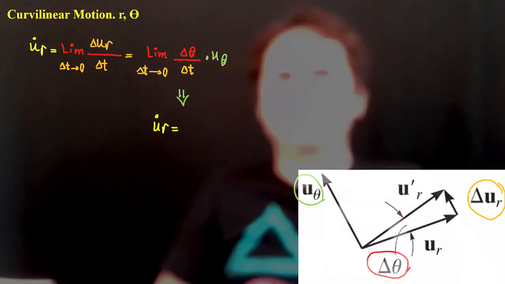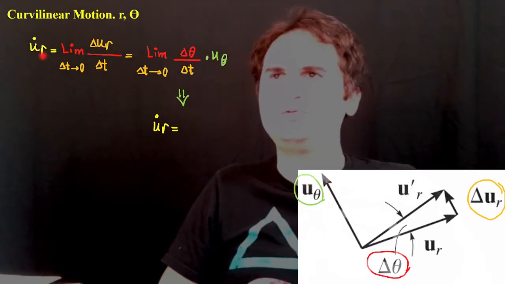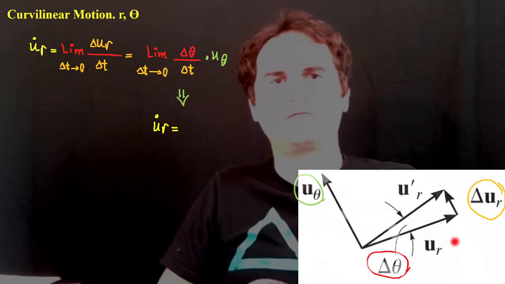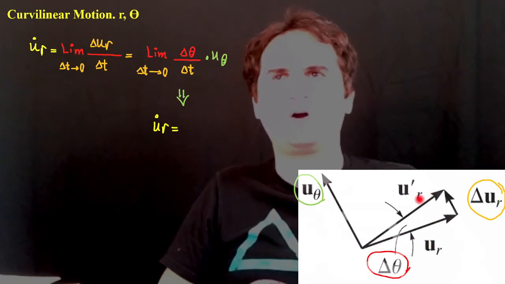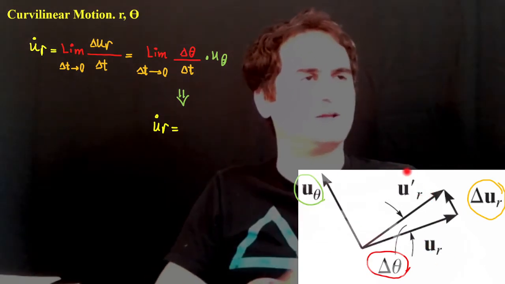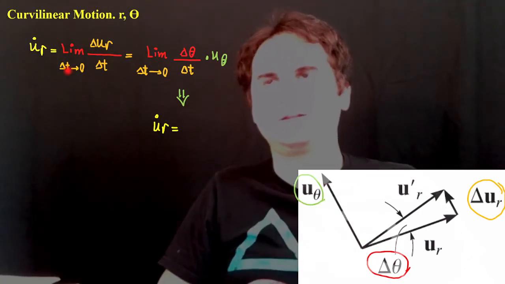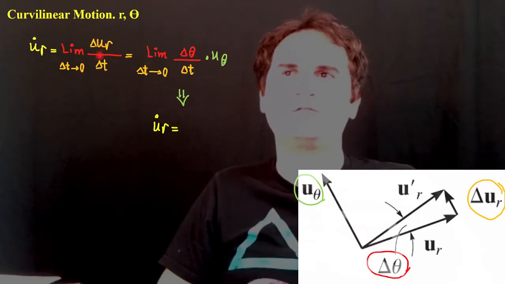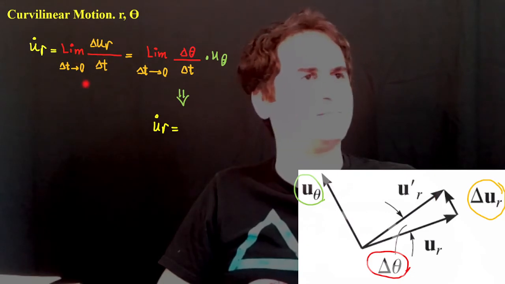If you take a closer look at u dot r, that's the limit of delta u r when you go from u r to u r prime in a very small time frame, as delta t goes to 0. You can call it the limit of delta u r over delta t in a very short amount of time.